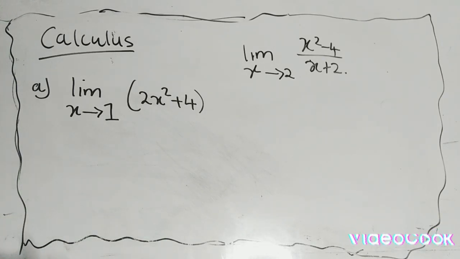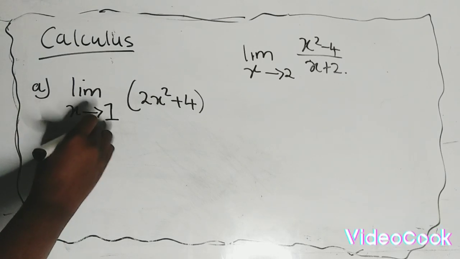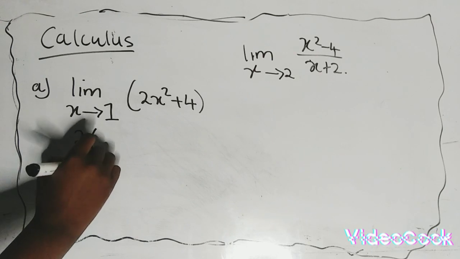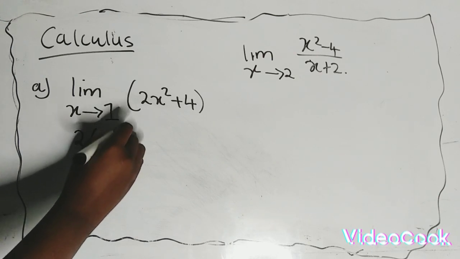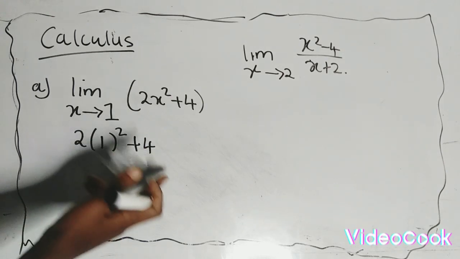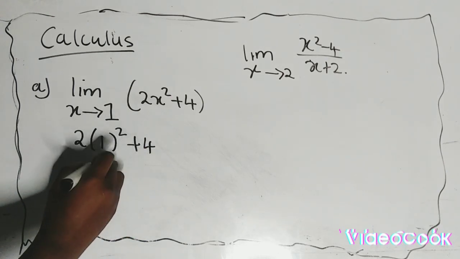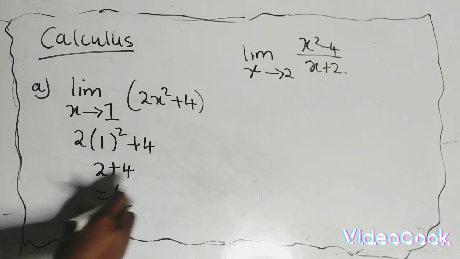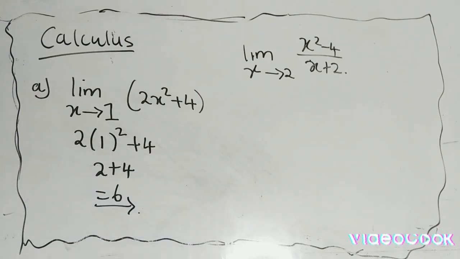So what you do when you are calculating limits, you simply write your 1 in place of x. So it's going to be 2 open bracket 1 to the power 2 plus 4. 1 to the power 2 is just a 1. So 2 times 1 is a 2, and 2 plus 4 will give us a 6. So in this case, our limit goes all the way up to 6.